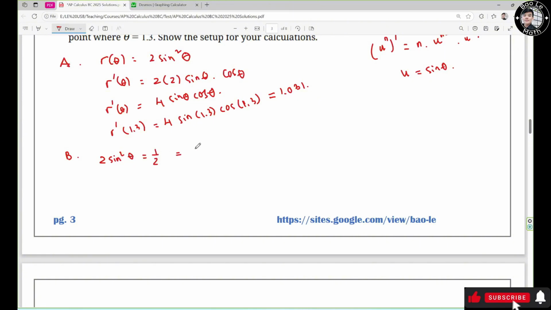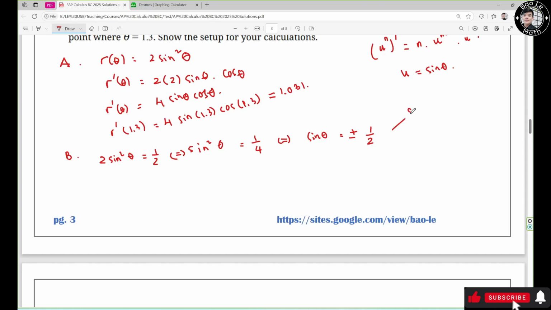Now I'm going to divide both sides by 2, so it becomes sine squared theta equals 1/4, right? And then I'm going to take the square root of both sides, so sine theta equals plus and minus 1/2, right?